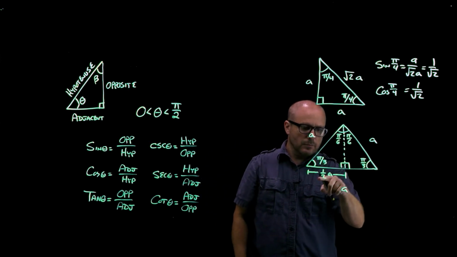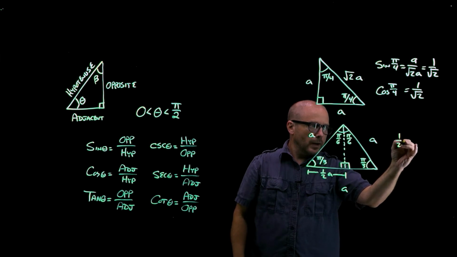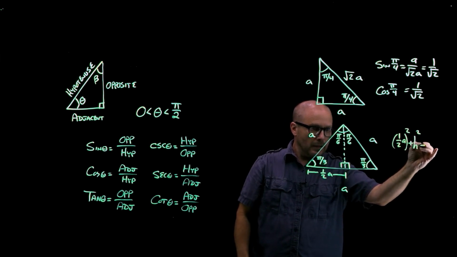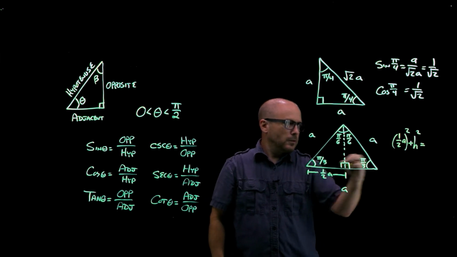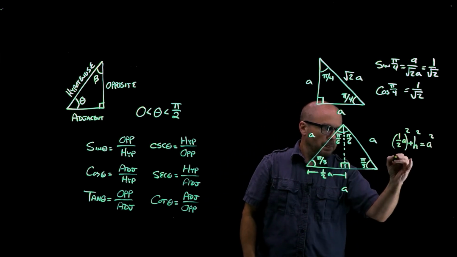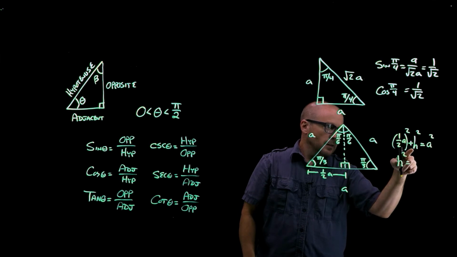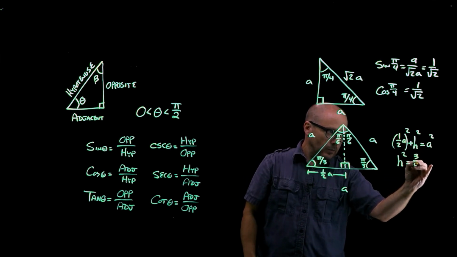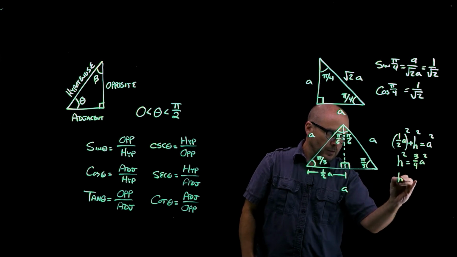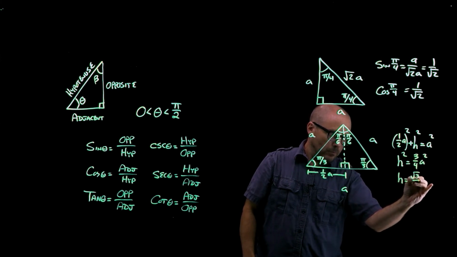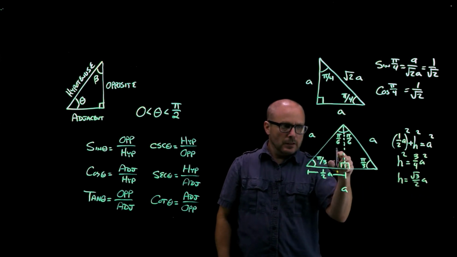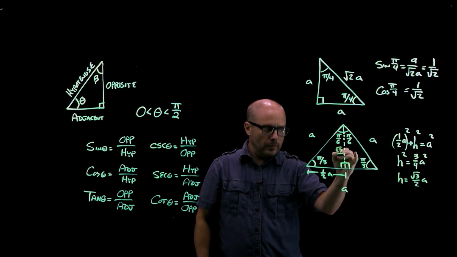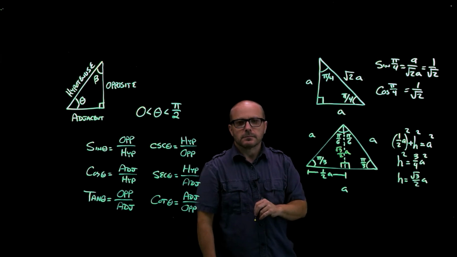Well, that height by Pythagoras, 1/2 a squared plus our height squared should equal the hypotenuse squared. So this is 1/4 a squared, subtract it, I get 3/4 a squared, square root 3 over 2 a. So I know my height's root 3 over 2 times a.